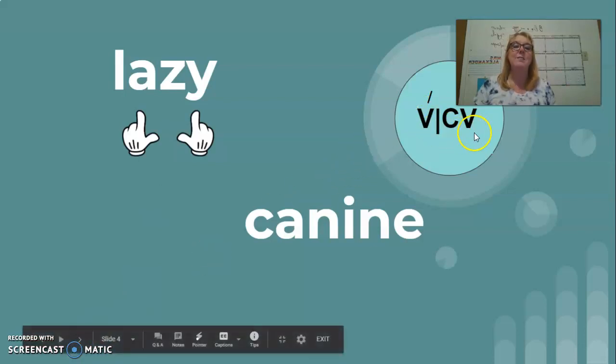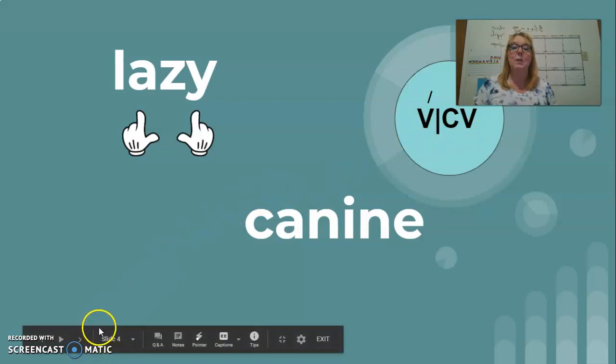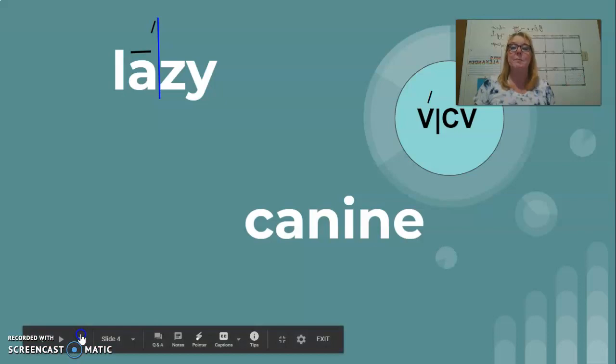Vowel, consonant, vowel. Where are we going to divide? We're going to divide before the consonant. Okay, we're going to accent the first syllable. Then let's look at our first syllable. What type is it? It's a vowel by itself at the end. So that means it has to be open and it's long. We'll code it with a macron.